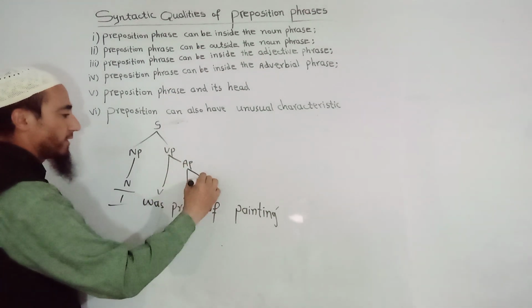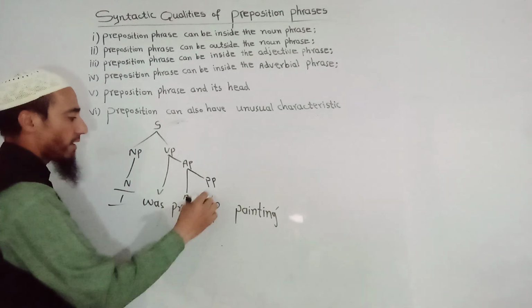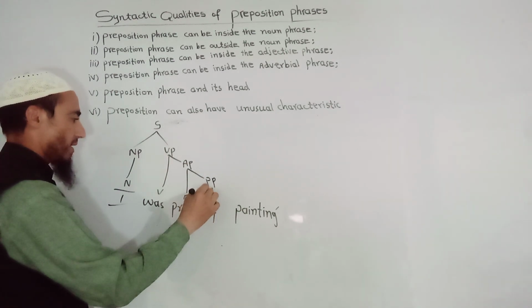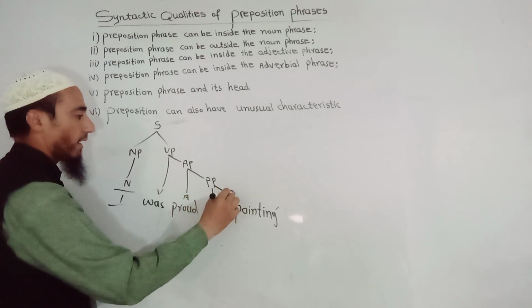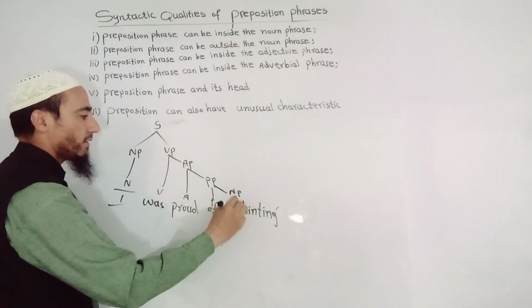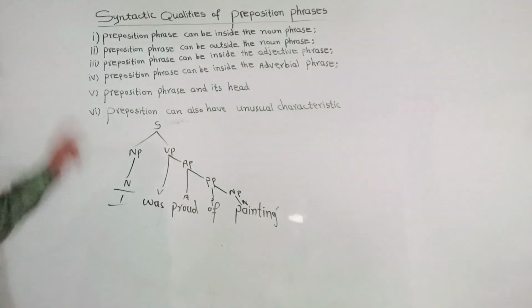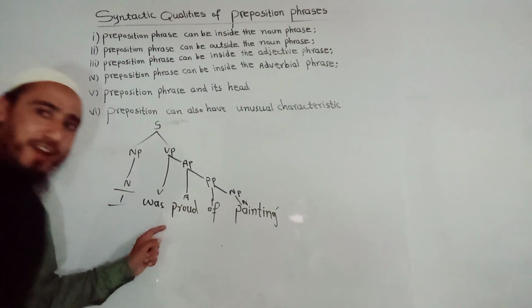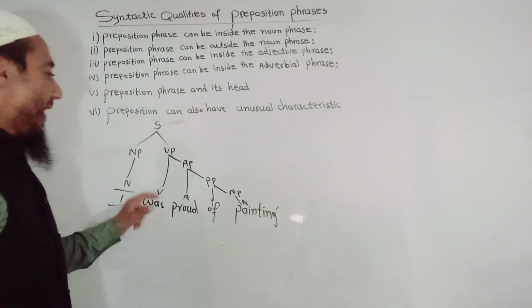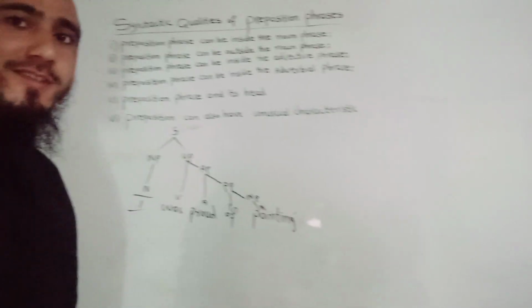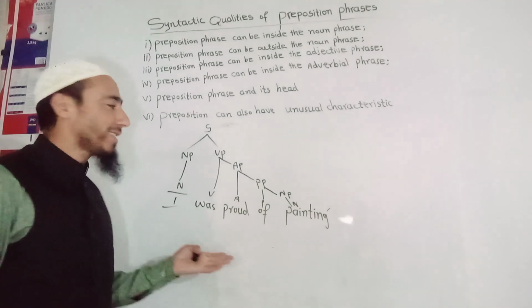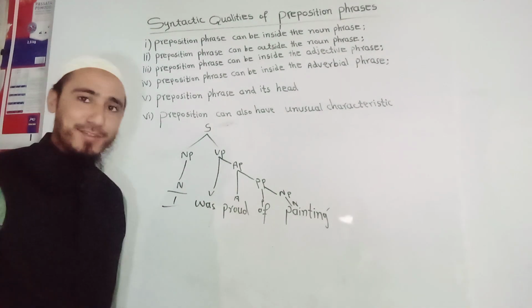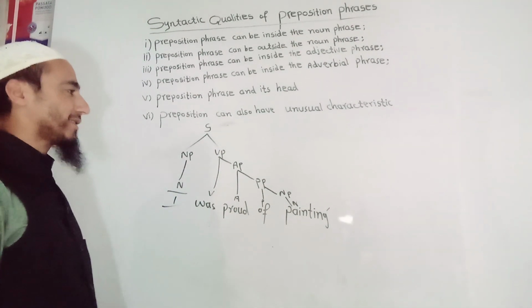Then of, that is PP. So we are taking here P, and after that NP, and then N. So this tree diagram also shows that a prepositional phrase is found inside the adjective phrase.